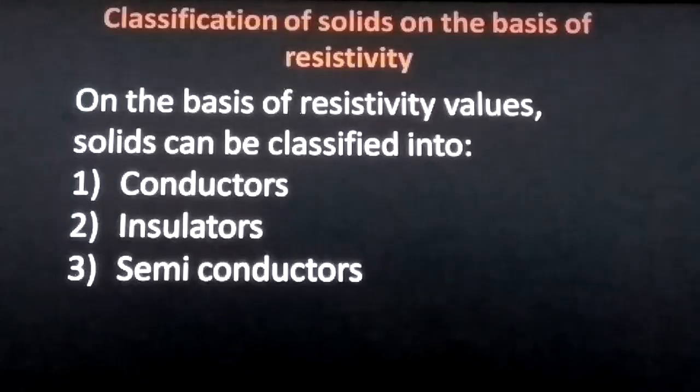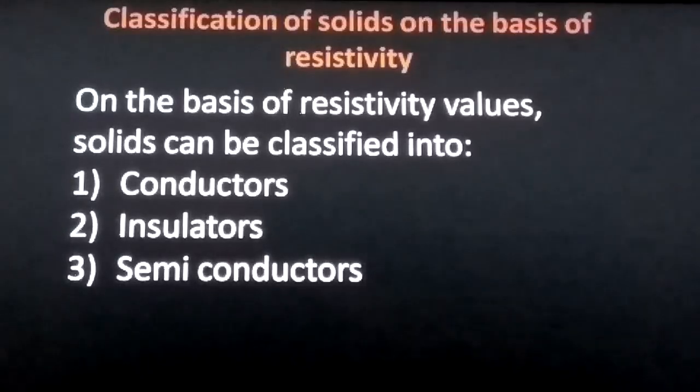On the basis of the resistivity, the substances can be classified into three types: conductors, insulators, and semiconductors. So the definition is the same, but we will see here in detail.